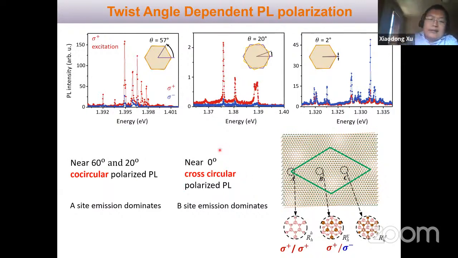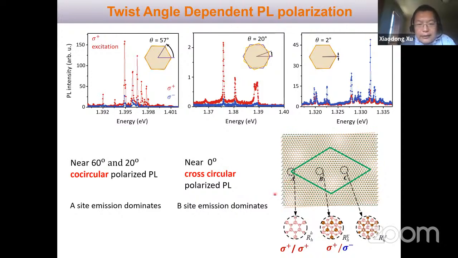So basically now this circular polarization becomes a global indicator, determined only by the twist angle. If you imagine it were coming from random defects, the polarization should be random, and it should not be determined by the twist angle of the heterobilayers. So this twist-angle-dependent circular polarization is the first evidence that we have these Moiré superlattices.